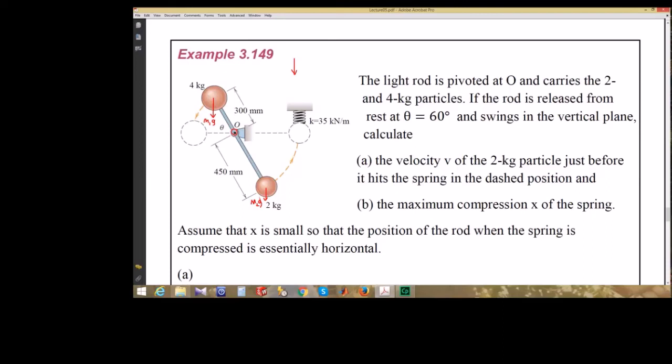We know that at the end, at the second instant, this beam will be horizontal, and therefore it's probably a better choice to declare my reference frame to be located at this line, which goes through point O. Therefore, for this particle, we have this length h1, and then for the second particle, we have this length h2.